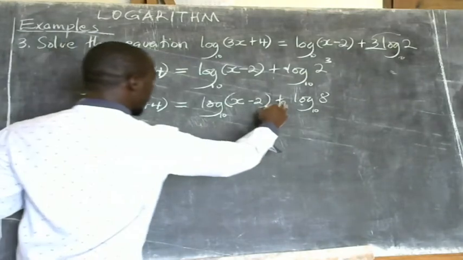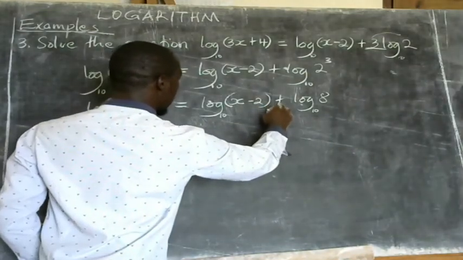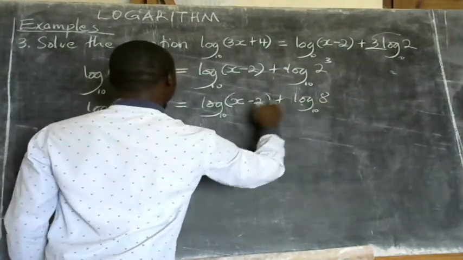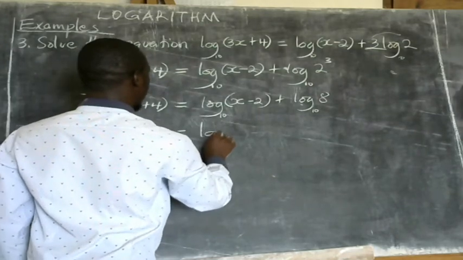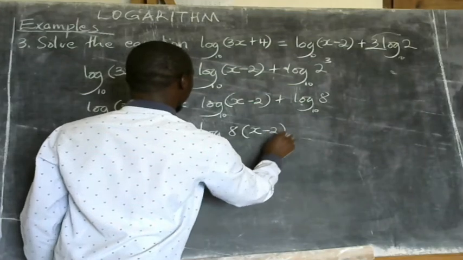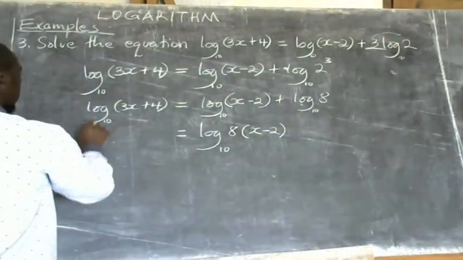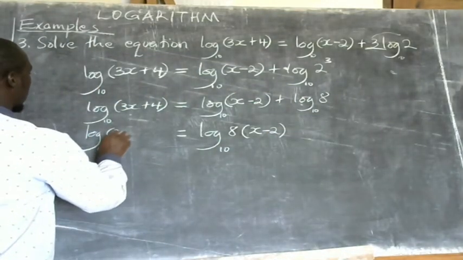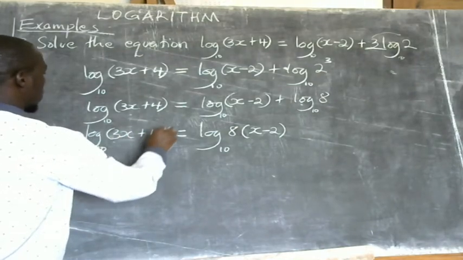Then now there is a plus here. I'm going to multiply these two. So the other side, I'm having log of 8 times x minus 2 base 10. This side, I'm having log of 3x plus 4.